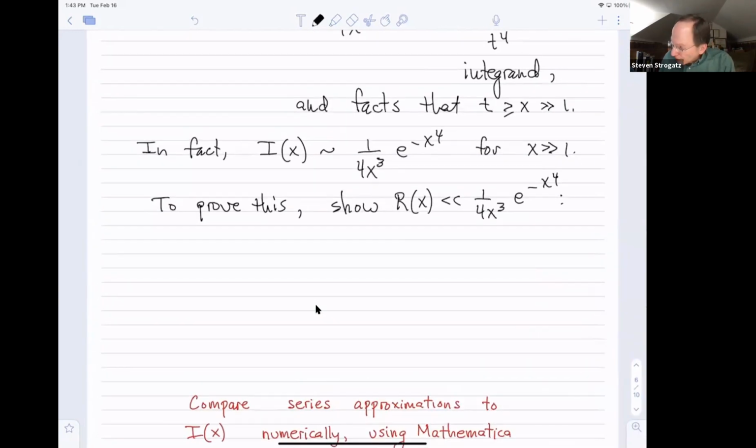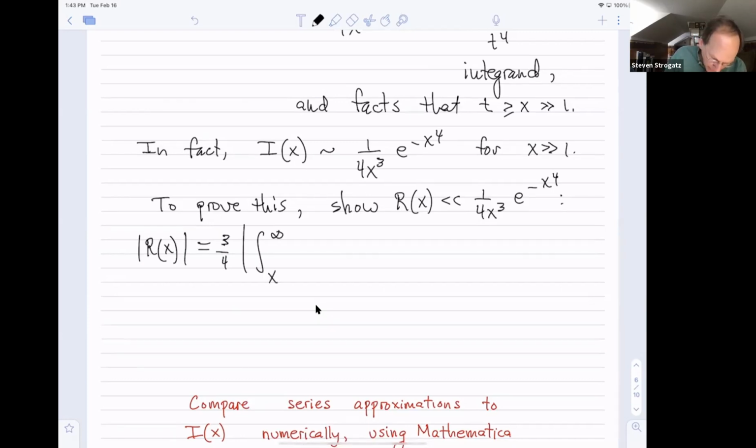All right, let's get started on this calculation though. So the magnitude of R of x is 3/4 times the magnitude of the integral from x to infinity of 1 over t to the 4th, e to the minus t to the 4th dt.